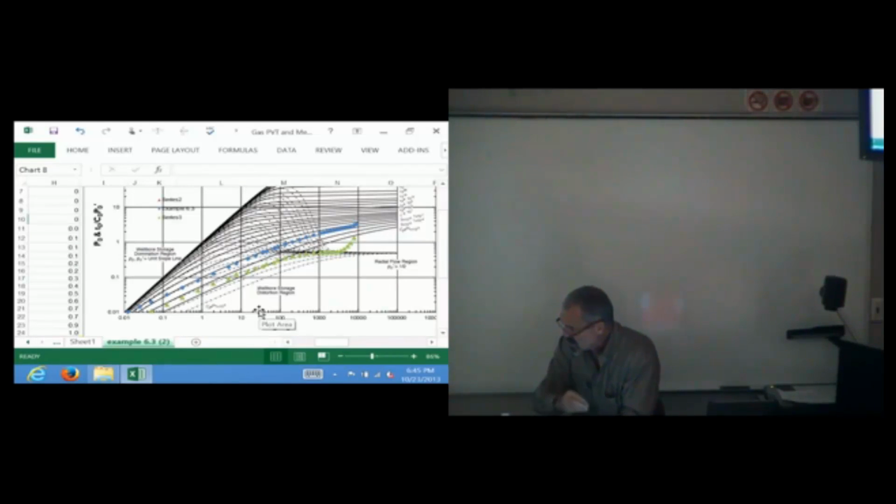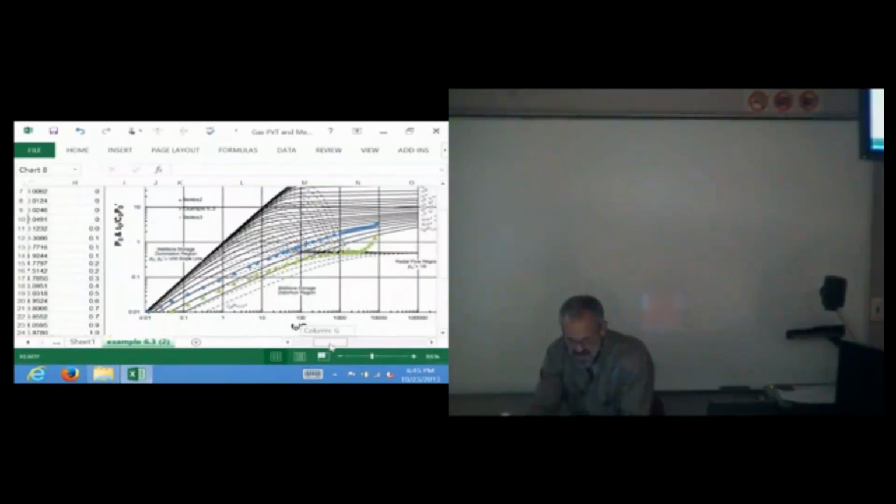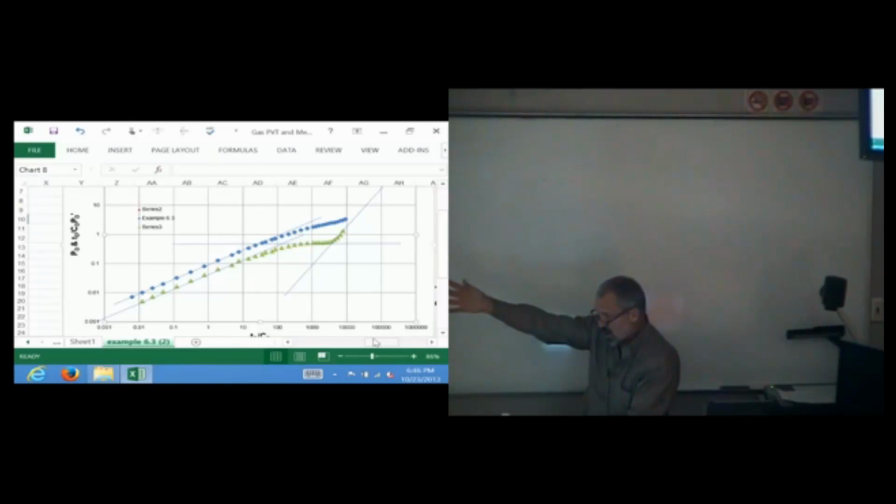So I go from linear flow to radial flow to boundary dominated flow. I actually have all that information. Even without the type curve, I can tell you right now that my early time data is linear. I have a transition into radial, and then I have a transition to boundary dominated flow. It's all in this graph.